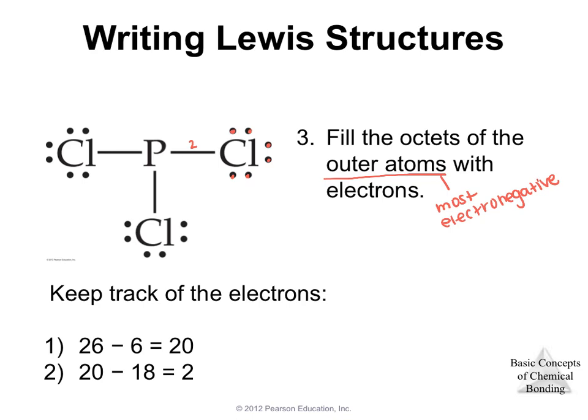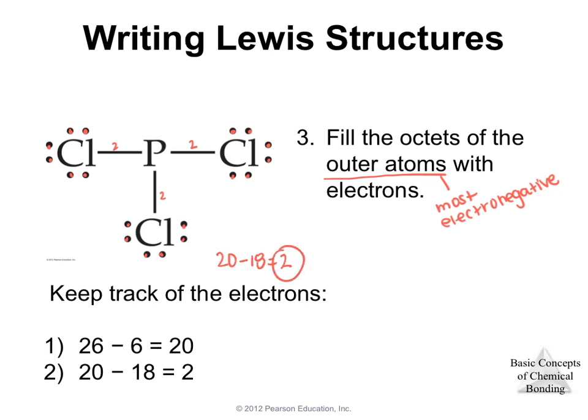And if we go to the bottom chlorine, there's 2 in this bond, and then 4, 6, 8. 2 in this bond, and then 4, 6, 8. So I've used 2, 4, 6, 8, 10, 12, 14, 16, 18 more electrons while I did that. That means I have 2 electrons left. So I'm not quite done yet.